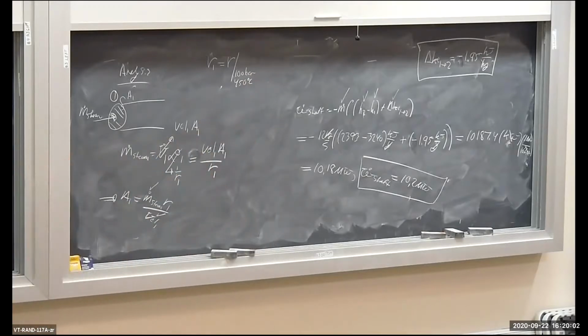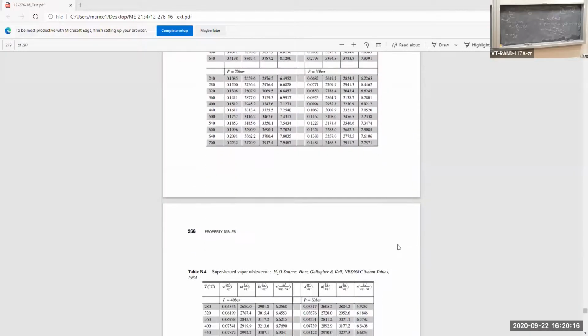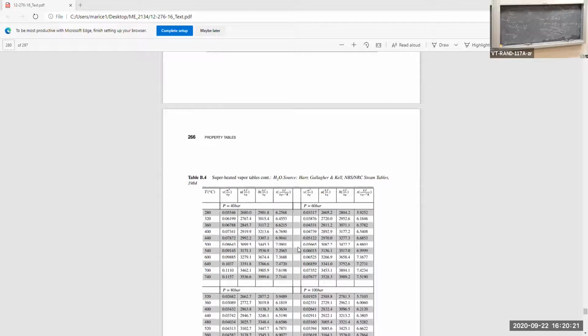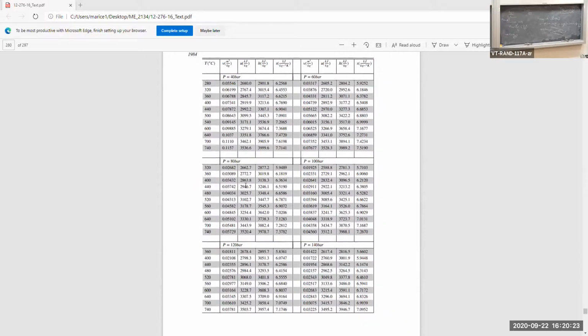I'm going to have to do some interpolation on that too. If we go to our tables, as I recall, we don't have it. Let's go to the steam tables. 100 bar. And again, I don't have 450.